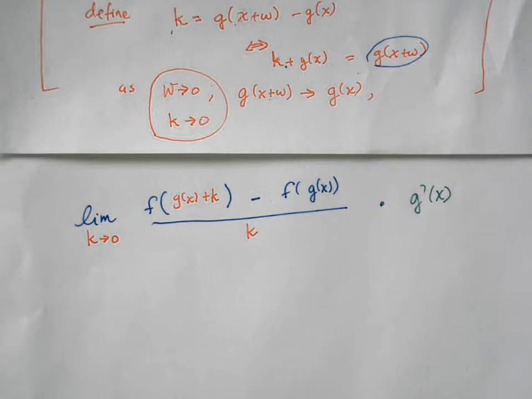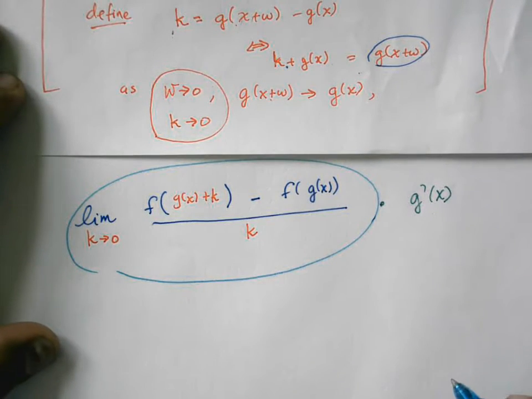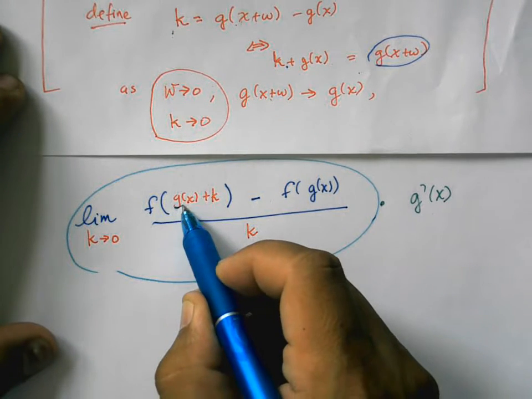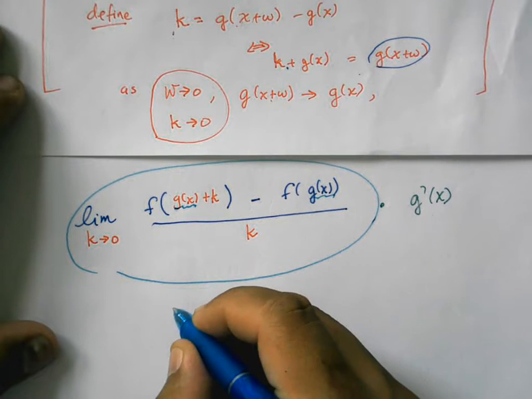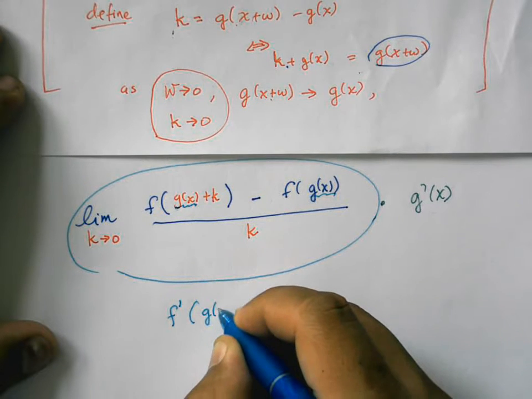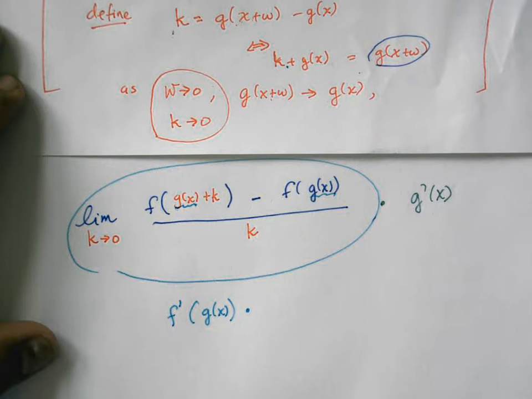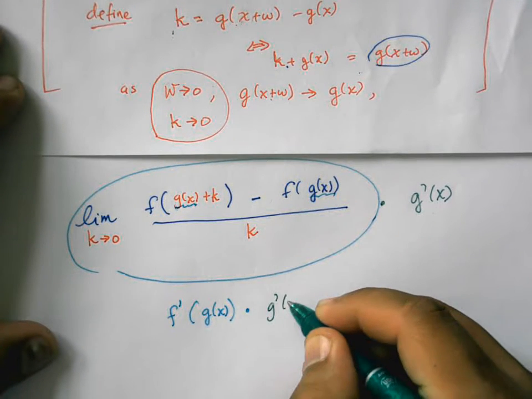Okay. But now, if you look at just this right here, this is the derivative term, except instead of having x, you have g of x. So this right here is effectively the derivative of f with respect to g times the derivative of g.